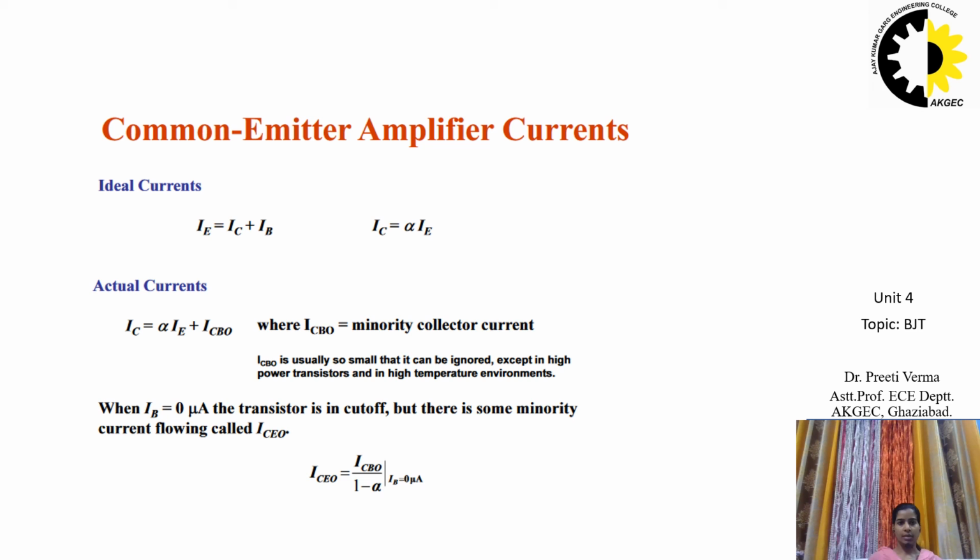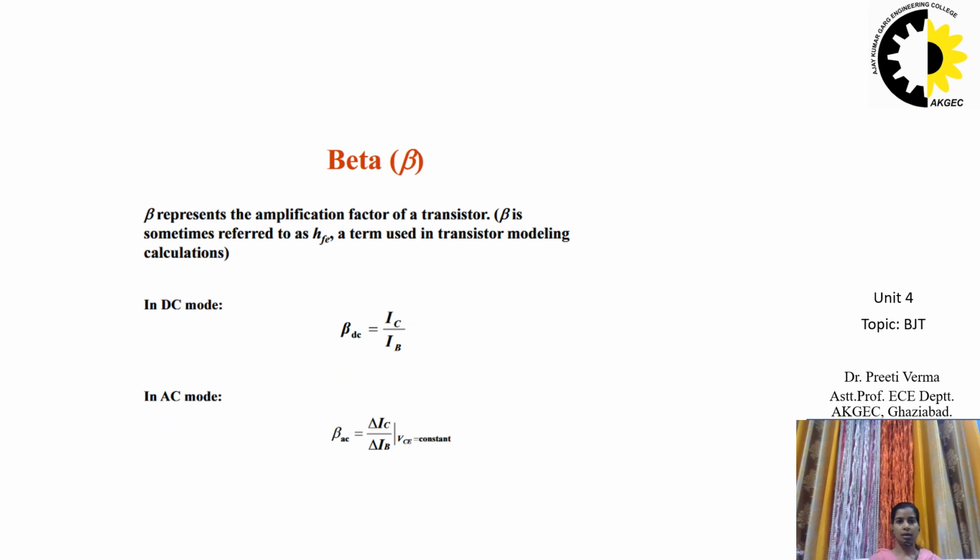When IB is equal to 0 microampere, the transistor is in cutoff, but there is some minority current flowing called ICEO. ICEO is defined as the ratio of ICBO divided by 1 minus alpha for IB equal to 0 microampere.